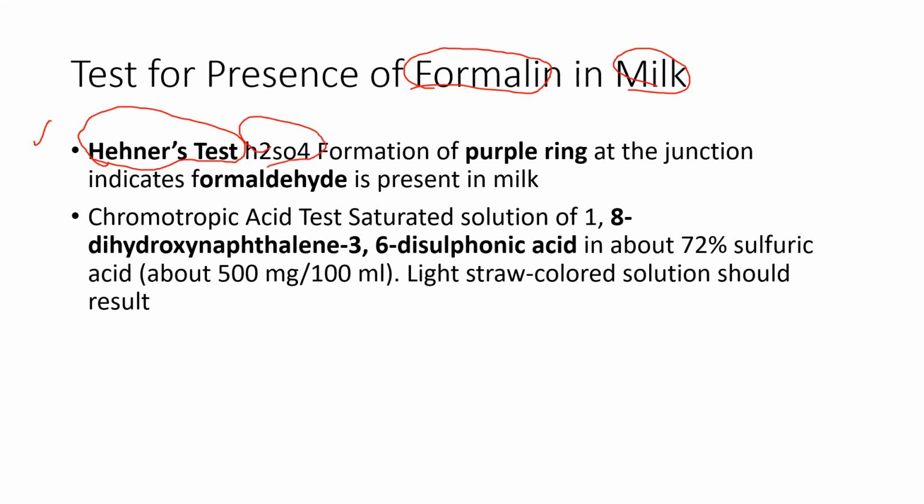When you add sulfuric acid to the formalin-containing milk sample, it gives out a purple ring, a new color. Just remember formalin, purple. And there is also another test, the chromotropic acid test. I've given the details of the chromotropic acid test here. It is not very important, but you could be tested on it also.